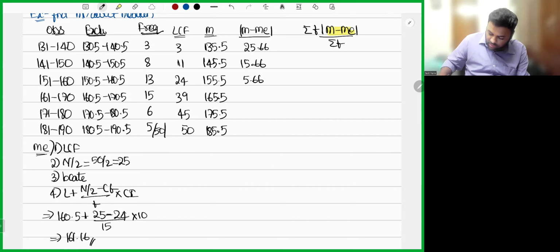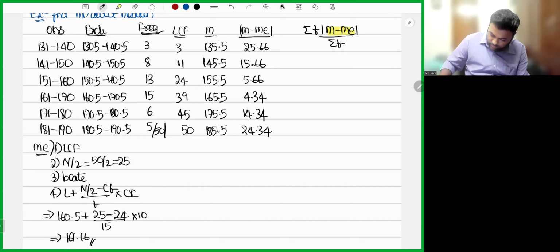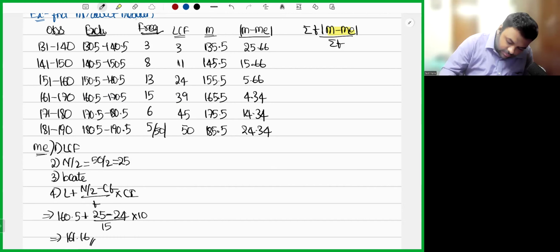Then 165.5 minus 161.16 is 4.34, then 14.34, 24.34. Yes. Now, f into modulus of m minus median.